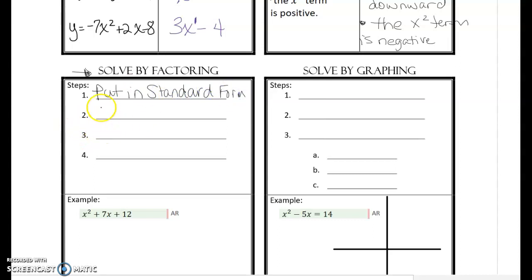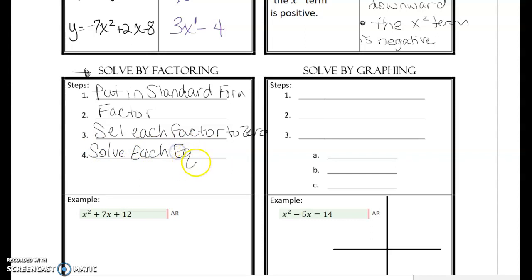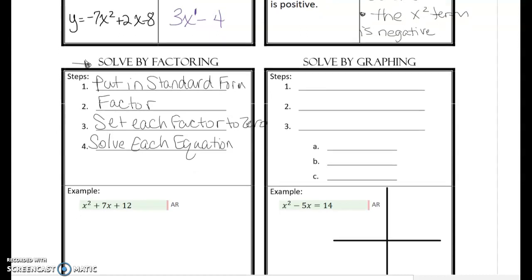And then we're going to factor, set each factor to 0, and then we're going to solve each equation. Okay, so let's do that real quick.